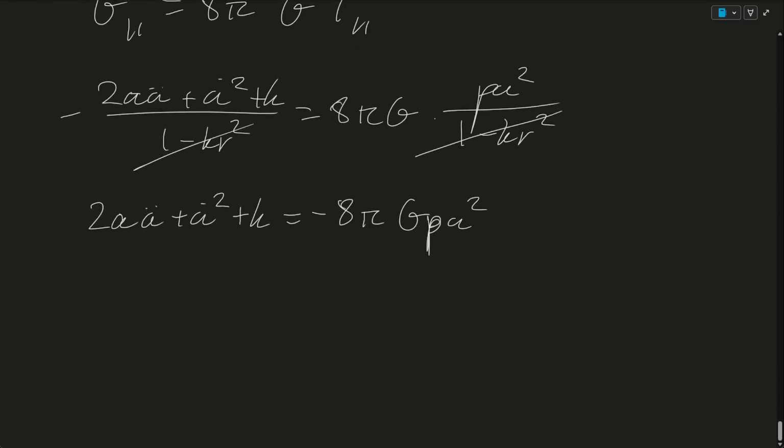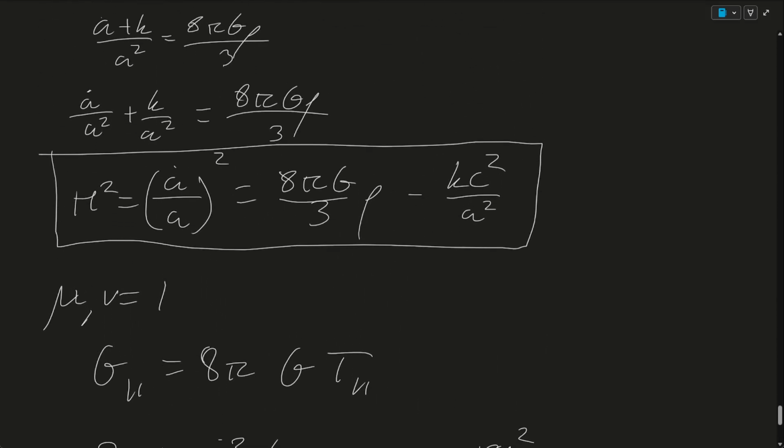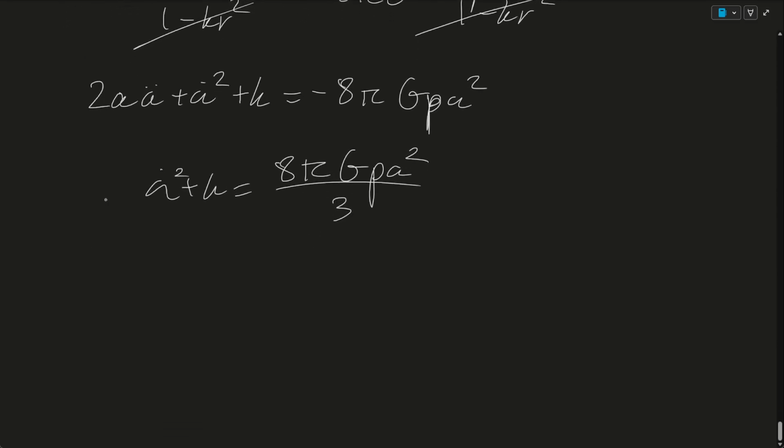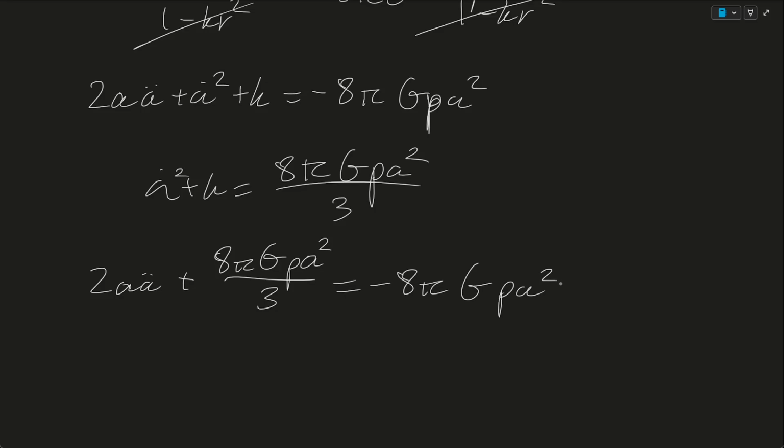So we get then from rearranging this that a dot squared plus k is equal to 8 pi G rho a squared over 3. And we can throw this back in, so 2a double dot plus 8 pi G rho a squared over 3 is equal to minus 8 pi G p a squared. Things will of course cancel out.